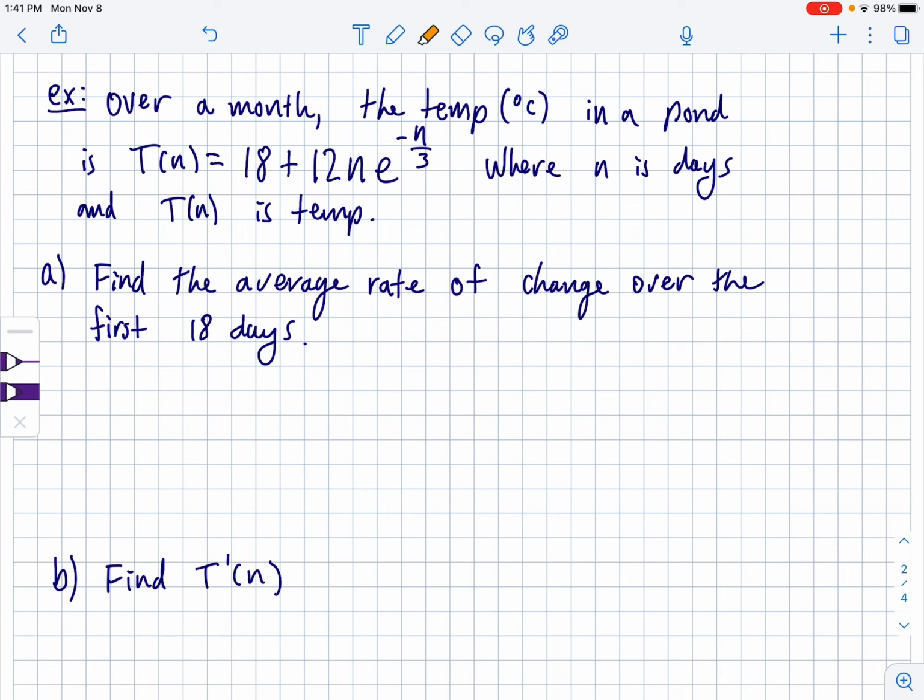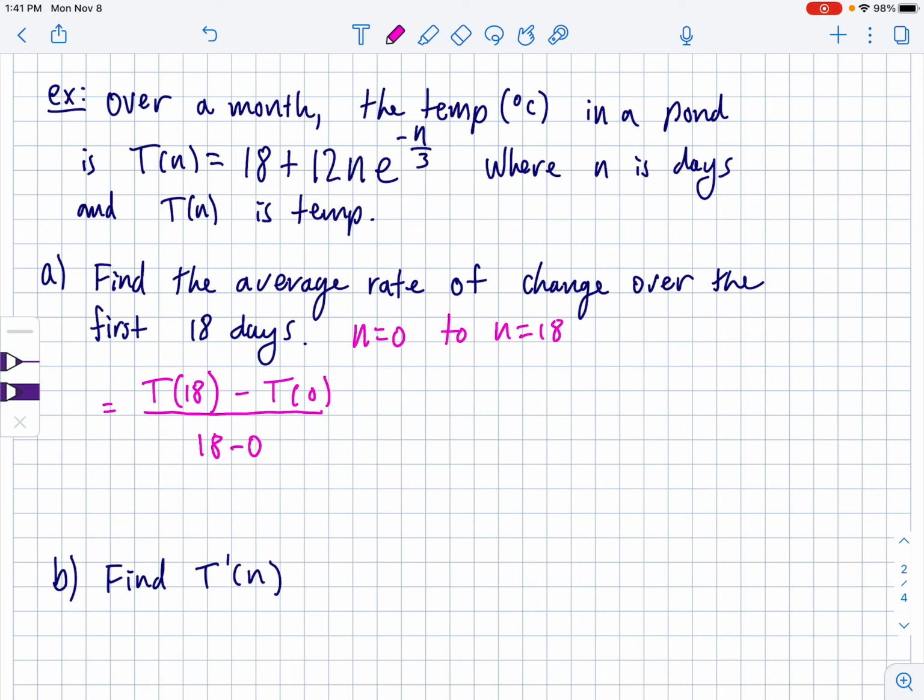That's the slope from n equals 0 to n equals 18. So you would put 18 into the function and then 0 into the function, all over 18 take away 0.